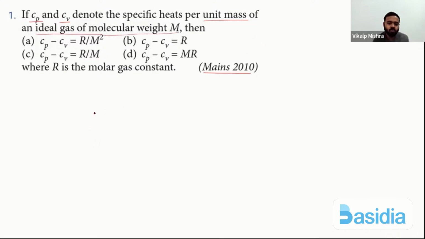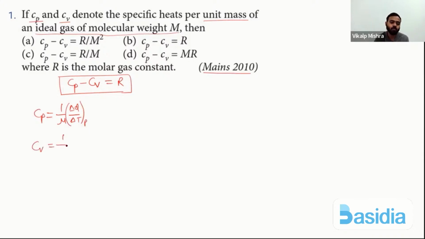As we already know by Mayer's relation, capital Cp minus capital Cv equals R. This is the molar specific heat capacity, and we can write Cp equals 1 by mu delta Q by delta T at constant pressure, and Cv equals 1 by mu delta Q by delta T at constant volume.